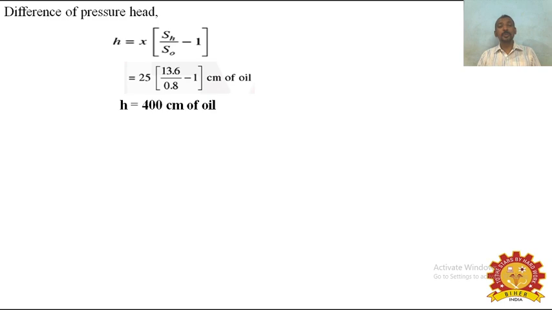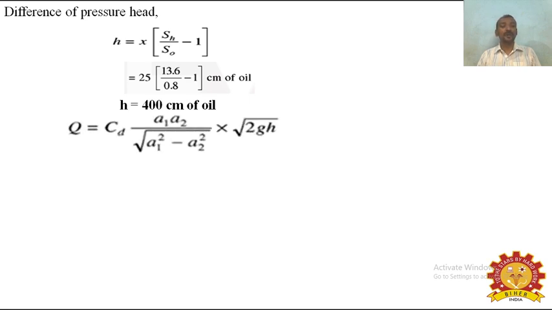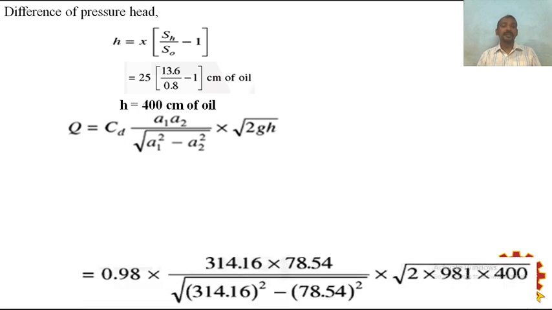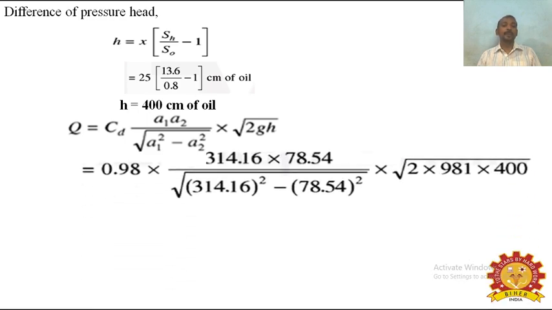So Q is equal to CD into root of 2 g H, A1 into A2 divided by root of A1 square minus A2 square. I have to substitute all the values. So Q is equal to CD 0.98, A1 314.16, then A2 78.54, divided by root of 314.16 square minus 78.54 square, into 2 into gravity 981 into H, 400 centimeter.